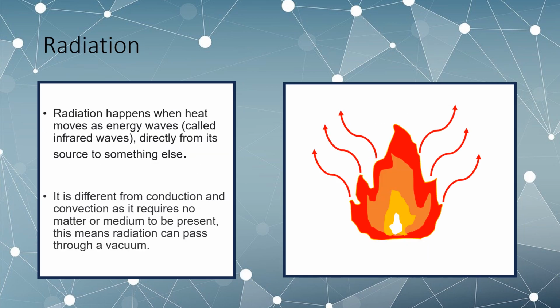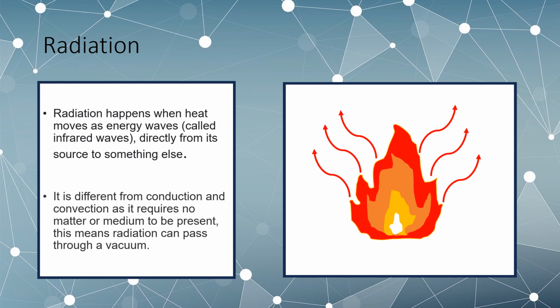Radiation, on the other hand, is the transfer of energy through what's known as electromagnetic waves. We will call these infrared waves, and they direct heat from its source to something else through these waves. It is different from conduction and convection, and unique in that it requires no matter or medium to be present, and this means it can pass through a vacuum.